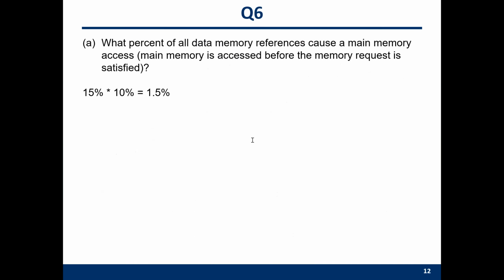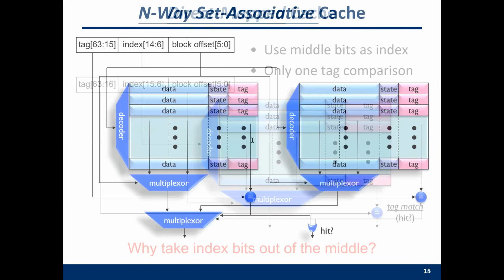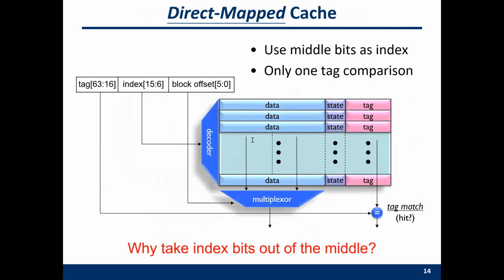So we will not have a question like question 6. But again, you need to understand the difference between the direct mapped cache, fully associative cache, and the set associative cache.